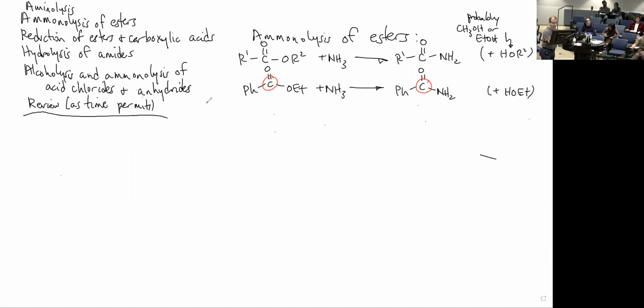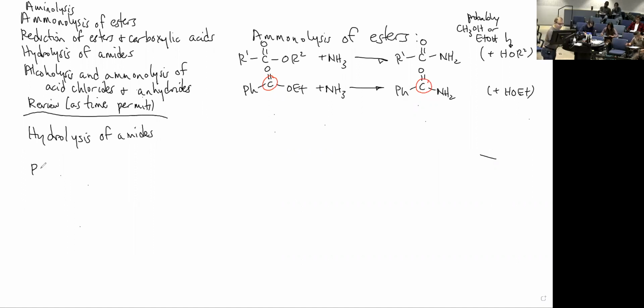So now that we've got an amide, I do want to point out that amides can be hydrolyzed, just like esters can, just like nitriles can. And this too is a nucleophilic acyl substitution reaction.